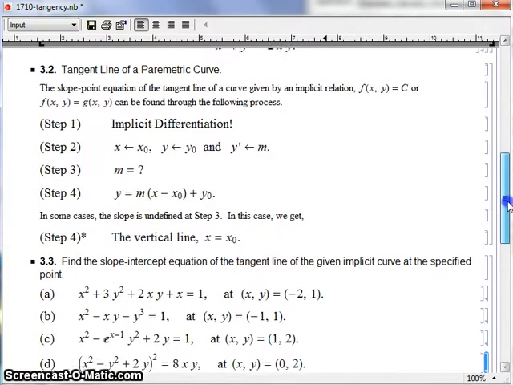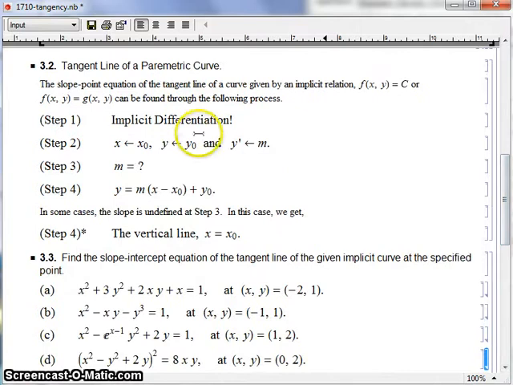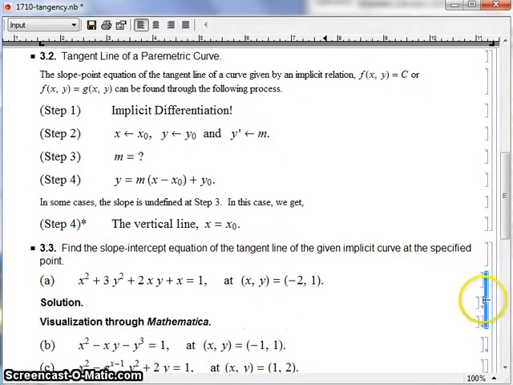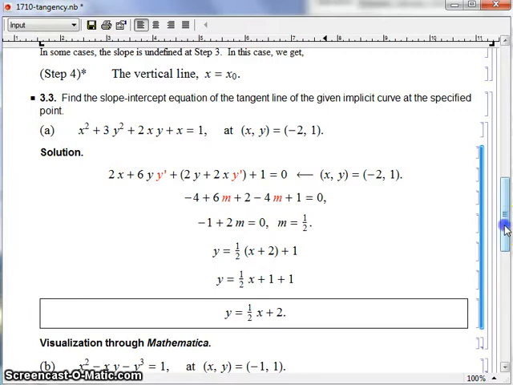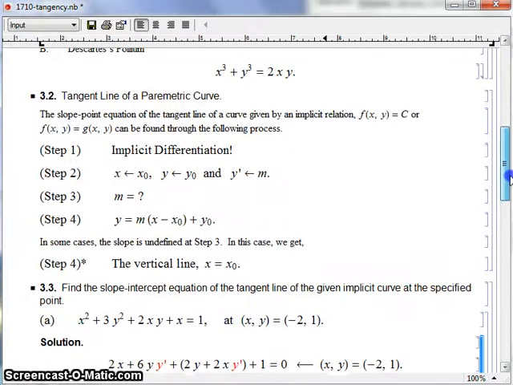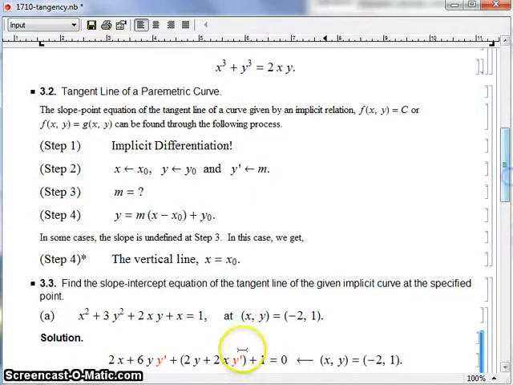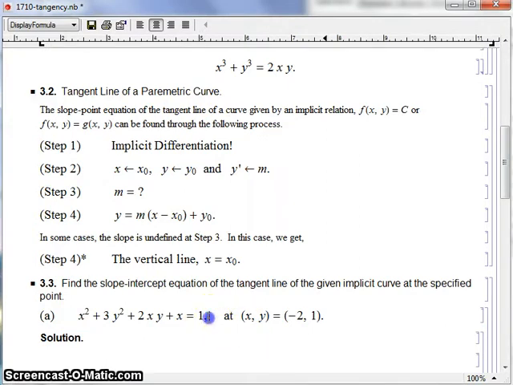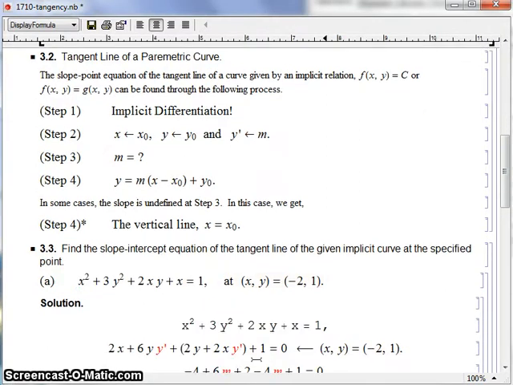Alright, as we announced before, let's talk about some theoretical background of implicit differentiation. Why do we have those y primes? Let's go over the first example we did. Here's a problem. Let's copy that.